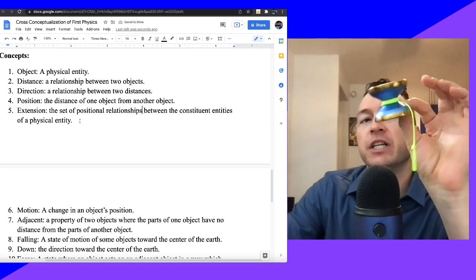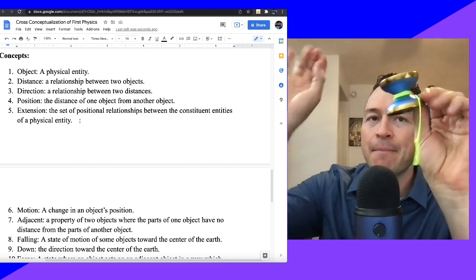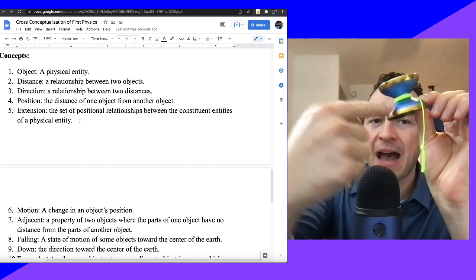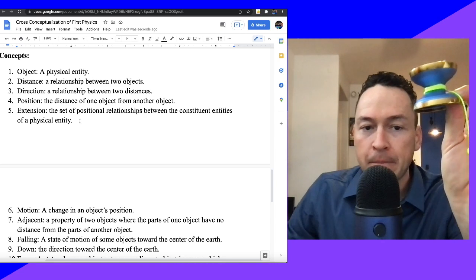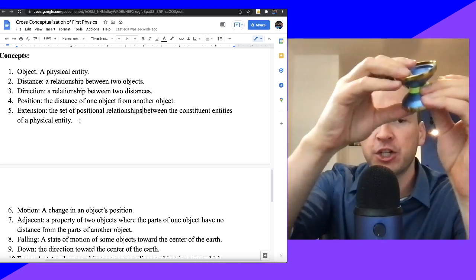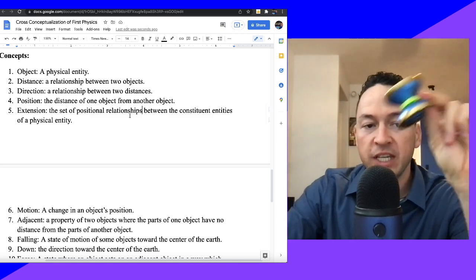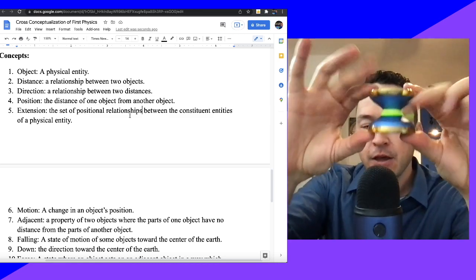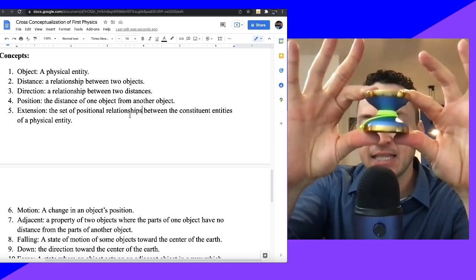So, when we look at this yo-yo, we can see it has that part, and that part, and that part, and that part. It's got all these different parts. If you consider the full set of position relationships between all of those entities, then it has extension.